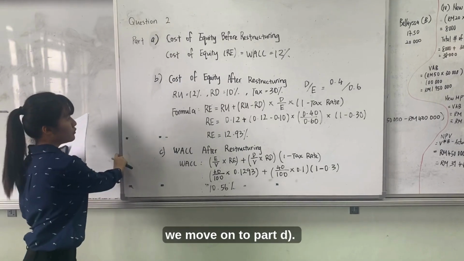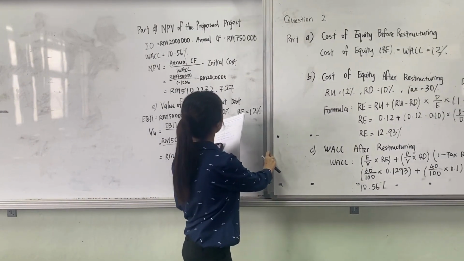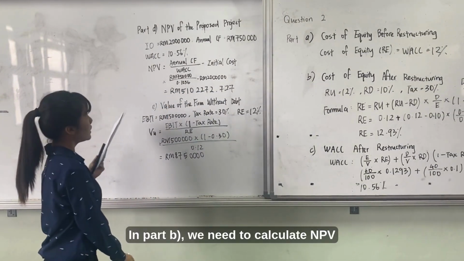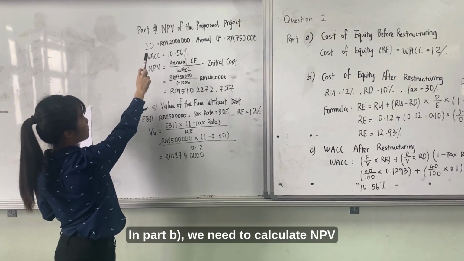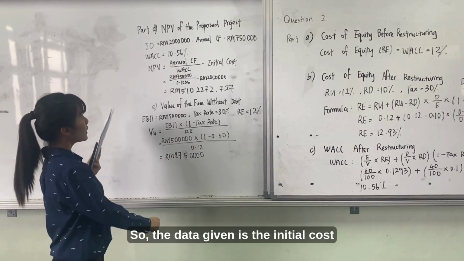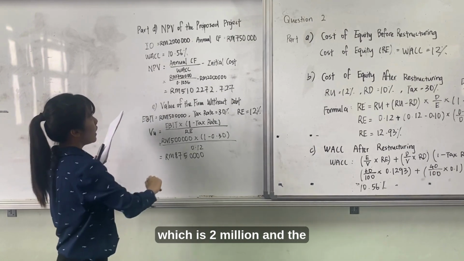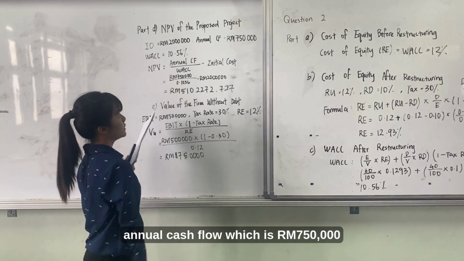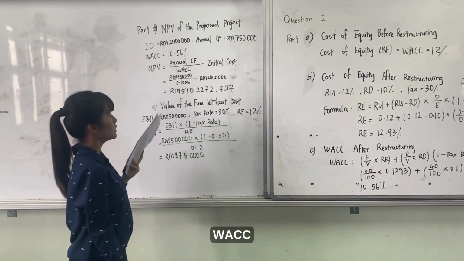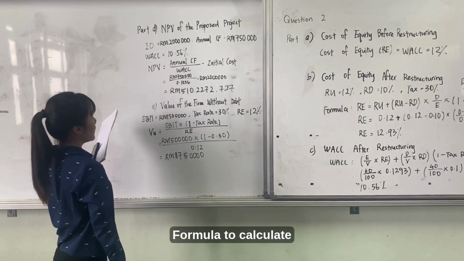Next, we move on to part D. We need to calculate the NPV of the proposed project. The data given is the initial cost, which is 2 million, the annual cash flow, which is 750,000, and the WACC, which is 10.56%.